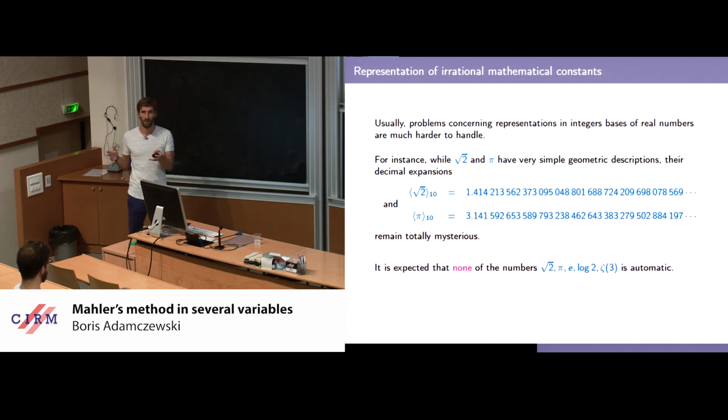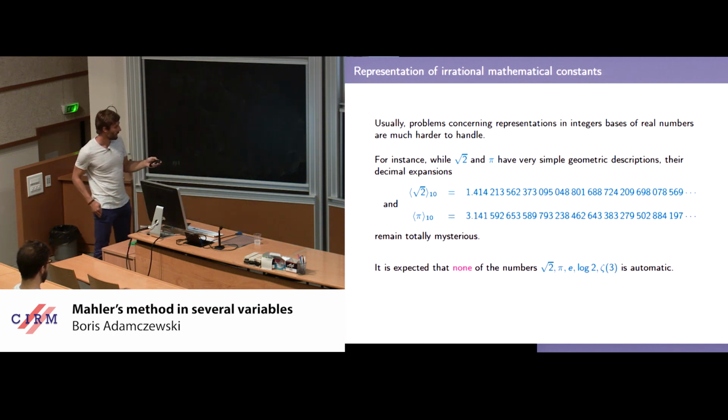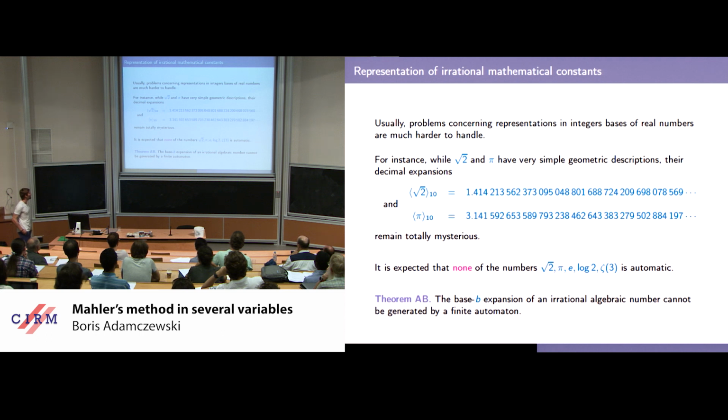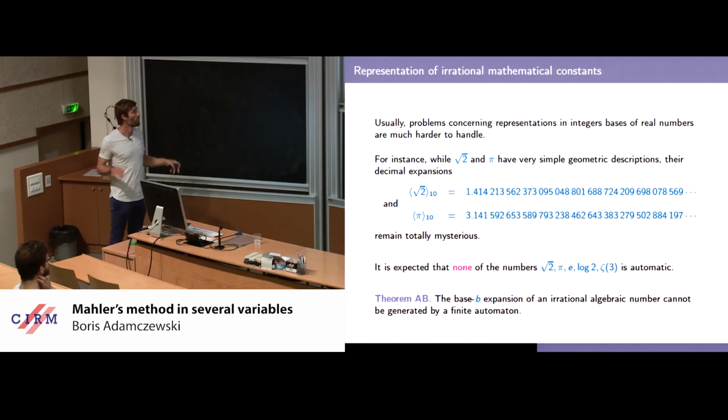But even this seems to be really hard to prove, and actually it is only known for a number like square root of 2. In joint work with Yann Bugeaud, we proved more than 10 years ago that the base b expansion of any irrational algebraic number can never be generated by a finite automaton.